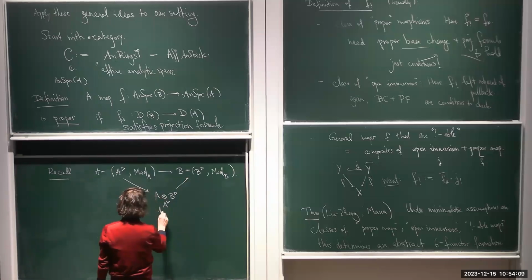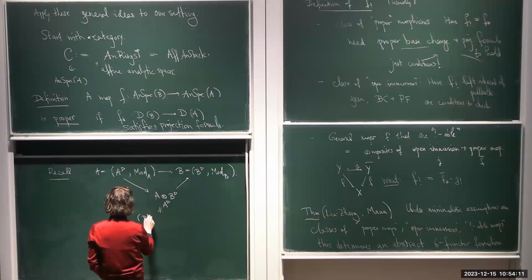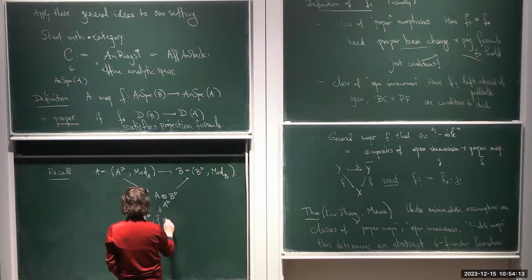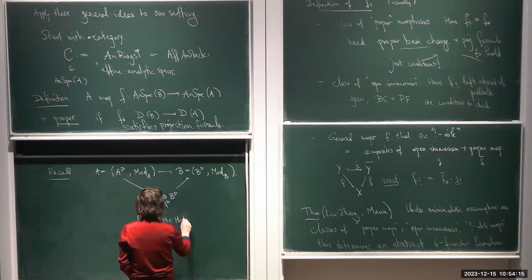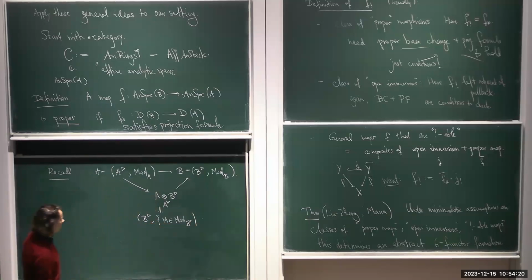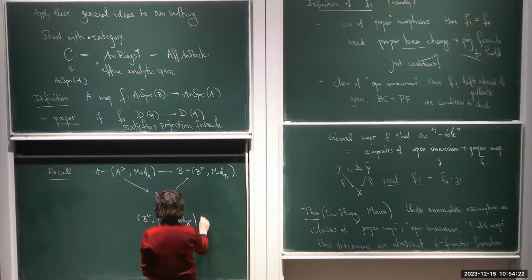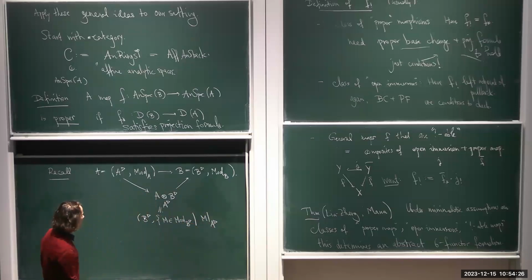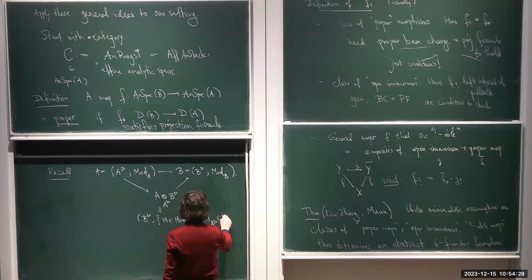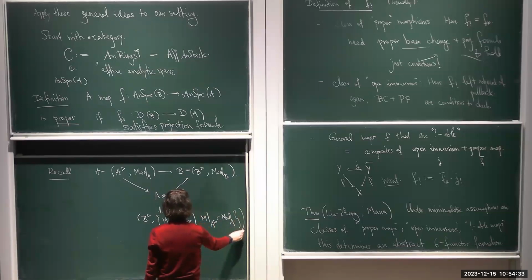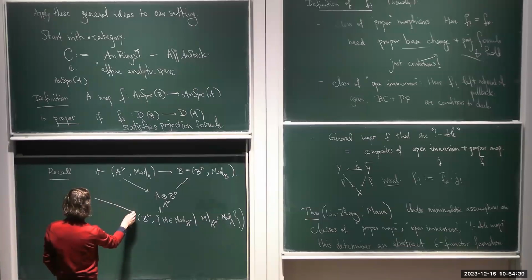So what is this? This is the class of all those B modules such that if you forget the B module structure down to an A module structure, this is complete in the sense of A. And so such things we call an induced analytic ring structure.